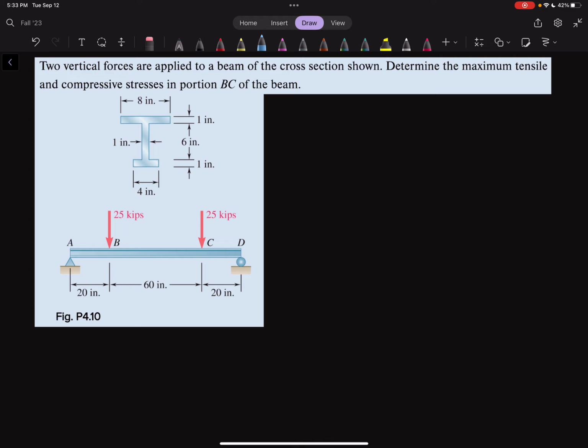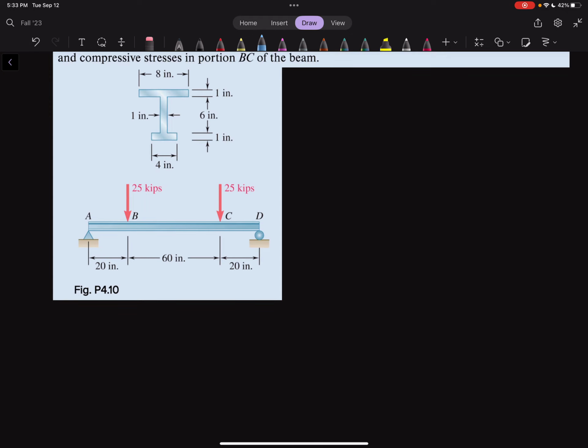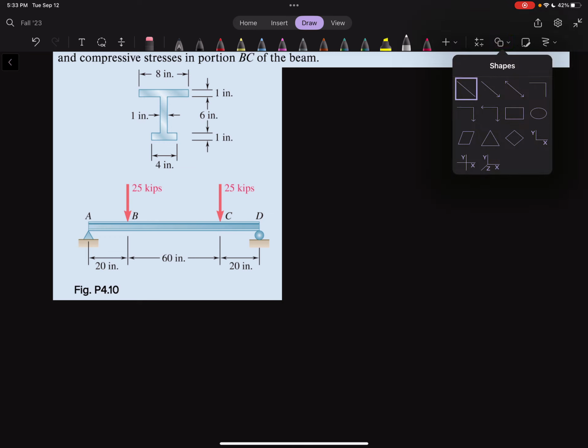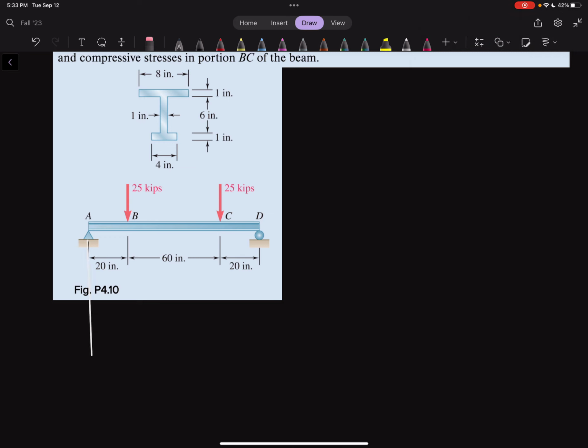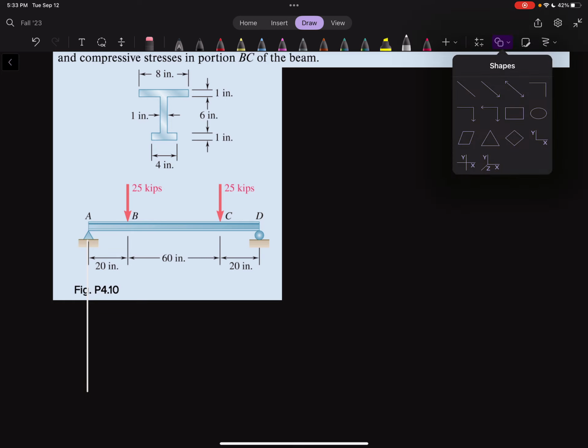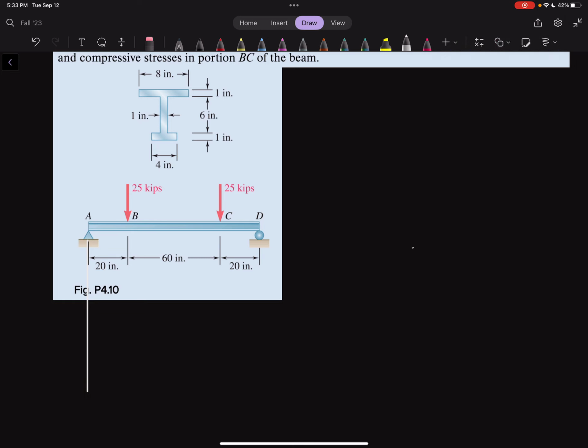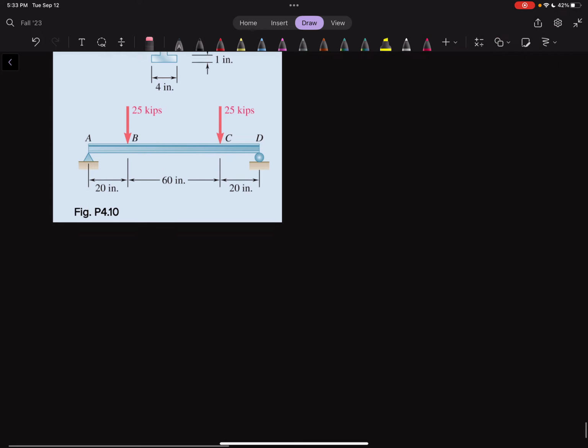Okay, so let's see, in portion BC right here, we know if we were to draw, say, a shear diagram, how would that look? Well, let me just make this a little bit longer because I'm going to put a moment diagram as well.